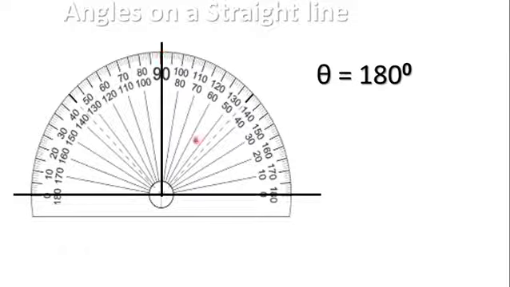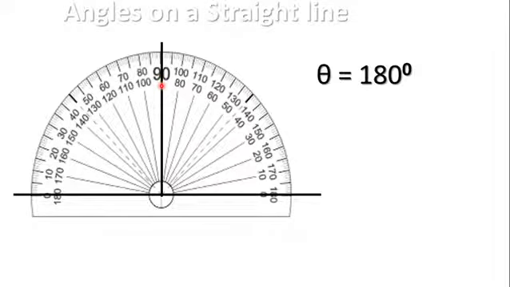And then I come to the other side, which is the right hand side. I'm going to use the inner scale right now because I'm starting from 0 right here. And then from this 0, I follow the inner scale until I get to this line once again. And what I have is another 90 degrees.